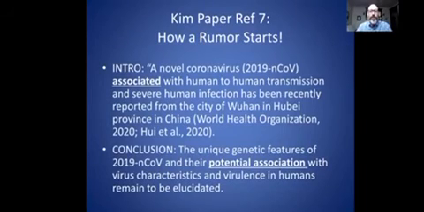In the introduction, it says that a novel coronavirus is associated with human-to-human transition and severe human infection. So once again, association is not causation. And in its conclusion, it talks about the genetic features of the virus and their potential association with virus characteristics and virulence in humans remain to be elucidated. So in other words, there's some kind of association. We need more research. We haven't proven anything.